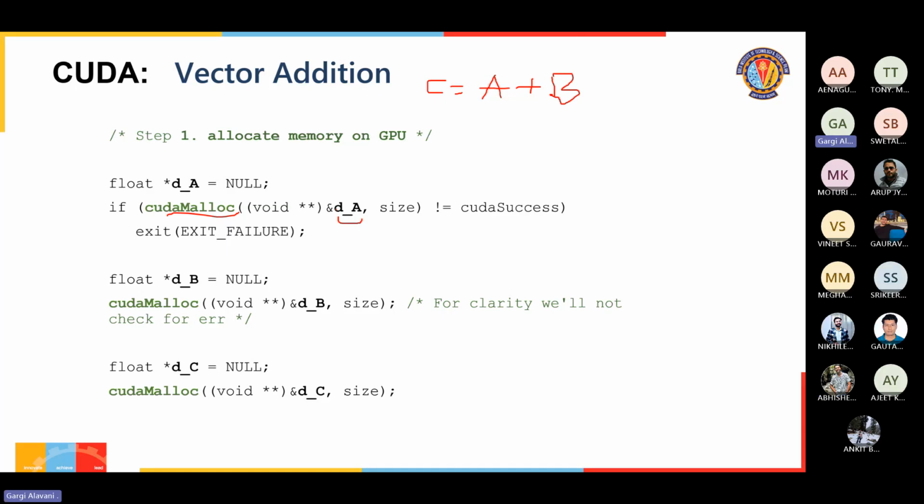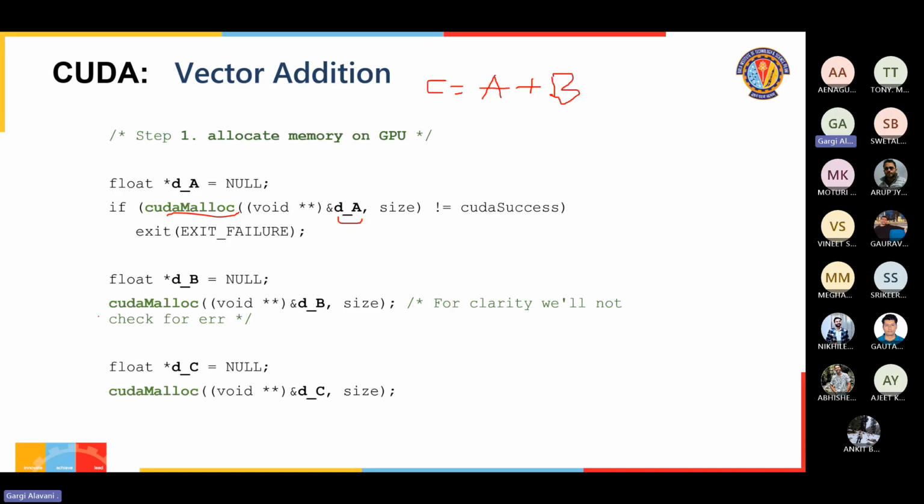Anyone, any guesses? Does it denote the array of integers or numbers? Yeah, it's an array. It's a vector. A vector is an array of numbers.